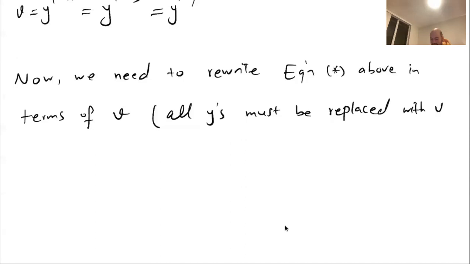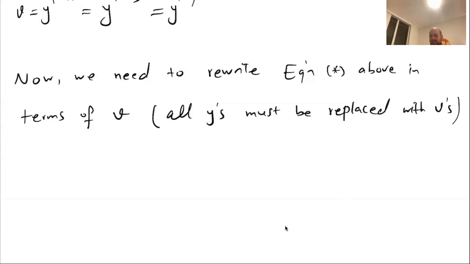See, when you use a substitution and you want to substitute y with v, then you cannot have both y and v appear in your equation. A similar thing happens in integrals. If in an integral you wanted to, let's say, change from t to s, then your integral cannot contain both t and s. It must contain only one of them. If you want to convert from t to s, then all t's must be replaced with s.